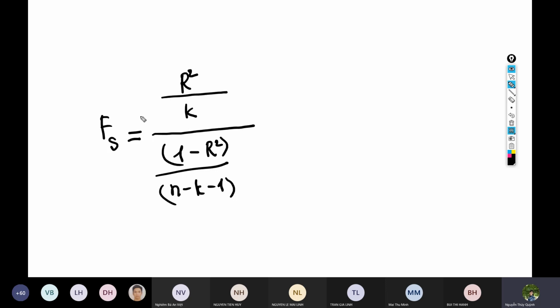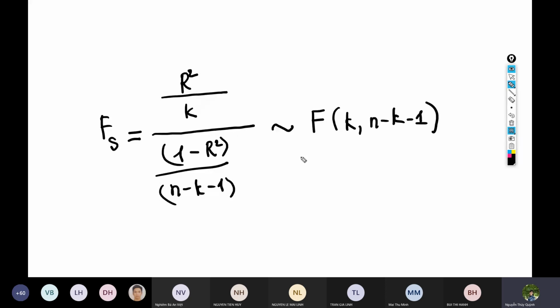This is our f value, and it will follow an f distribution with degrees of freedom k and n minus k minus 1.